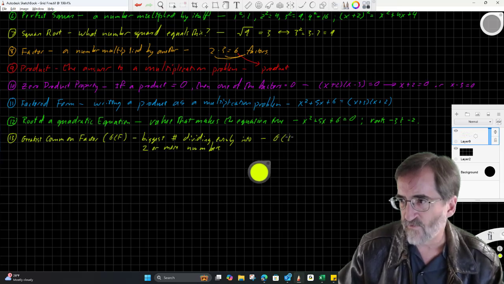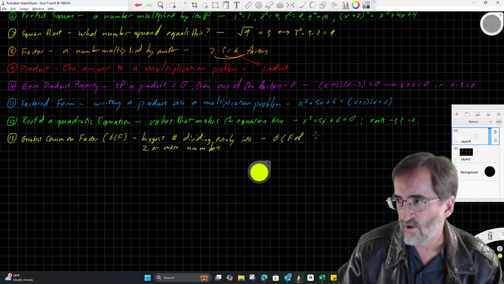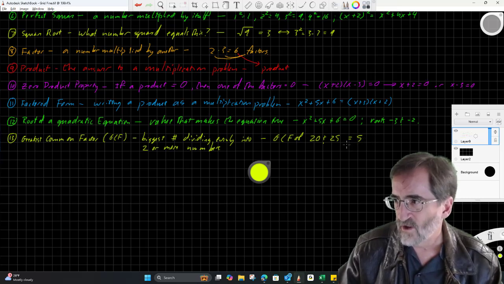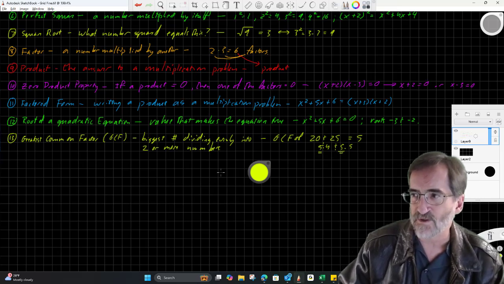The greatest common factor of 20 and 25 equals 5, because 5 times 4 is 20, and 5 times 5 is 25. So 5 is the biggest number that divides evenly into both those numbers.